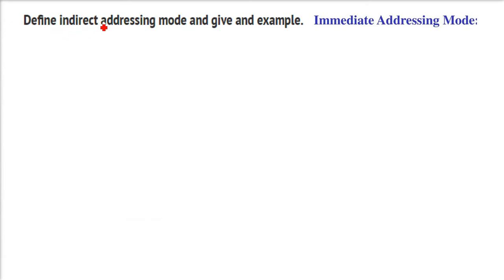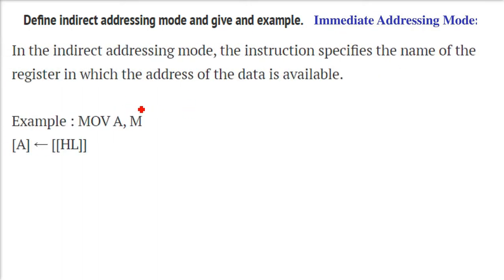Define indirect addressing mode and give an example, and also explain immediate addressing mode. We'll talk about both of these. Every instruction is working on certain data. So when it is talking about data, the instruction can tell you the data directly. It can tell you the memory address of the data.